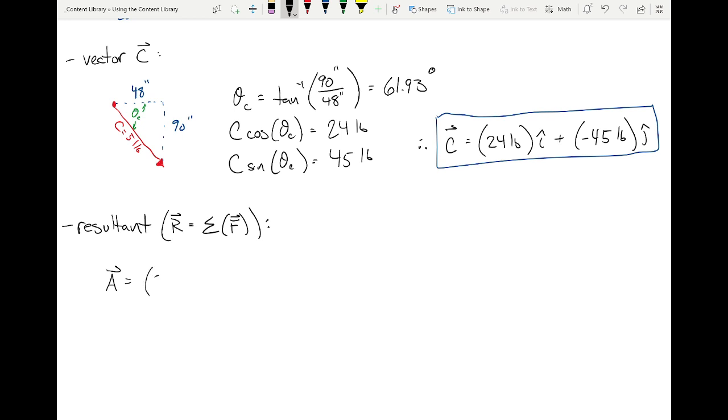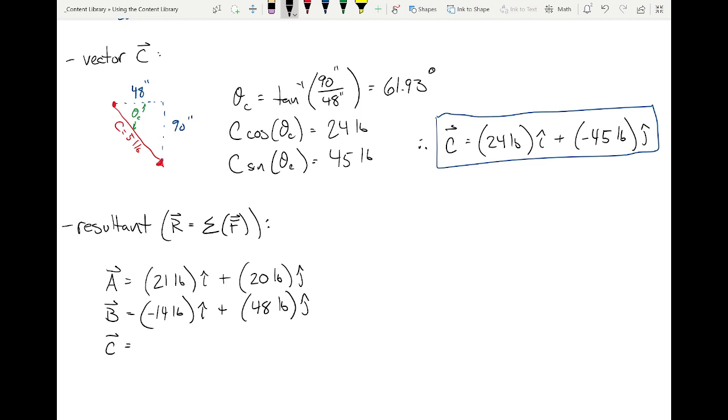The A vector was 21 pounds times I plus 20 pounds times J. The B vector was negative 14 pounds times I plus 48 pounds times J. The C vector is 24 pounds times I plus negative 45 pounds times J.